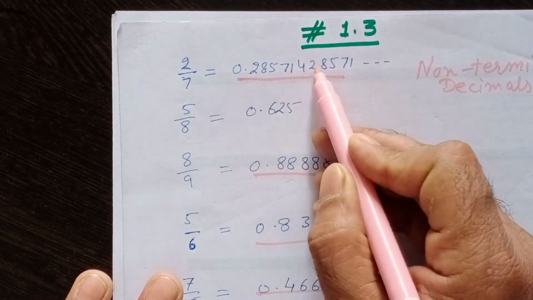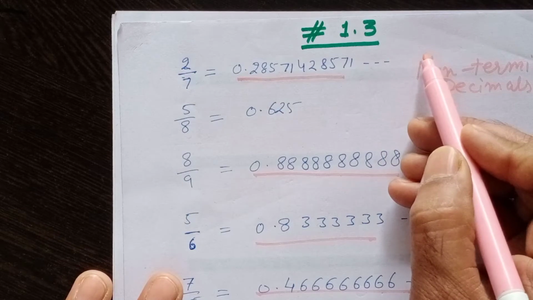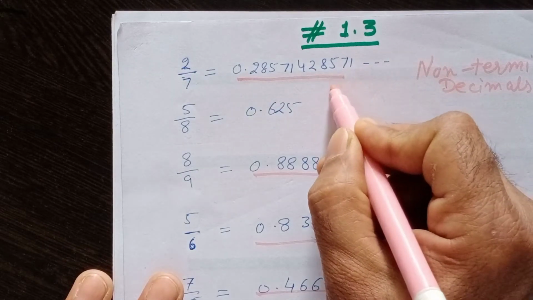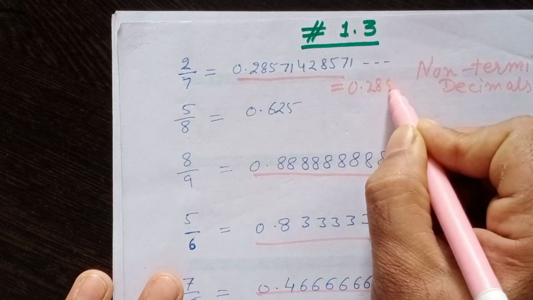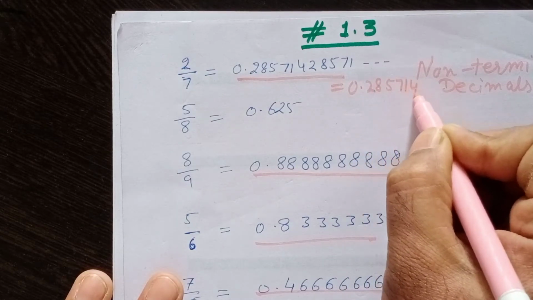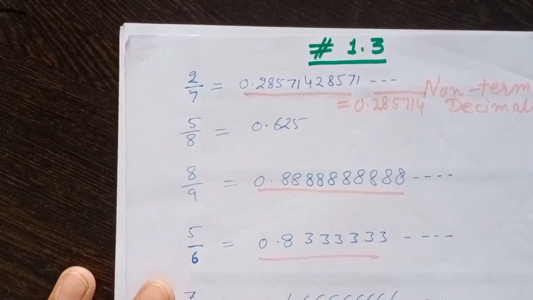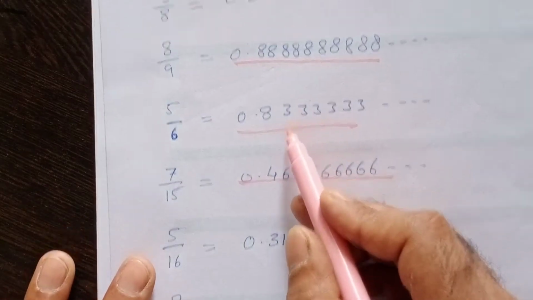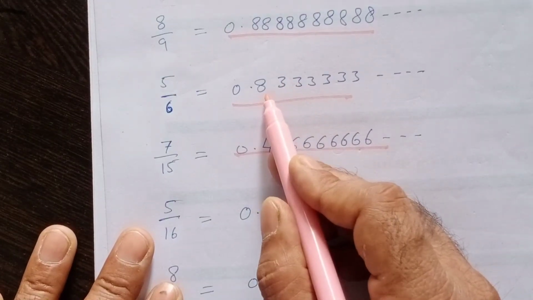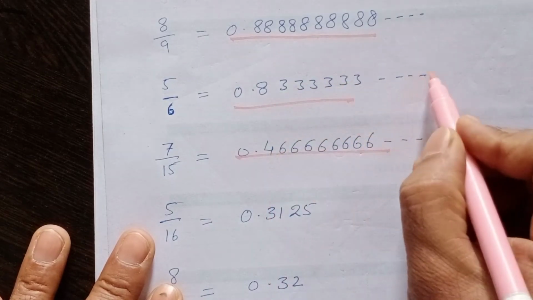You see 285714, 285714, 285714. So this can be written like this: 0.285714 with a bar on the top. Similarly, here if you see, this is again a non-terminating decimal, and what is repeating?